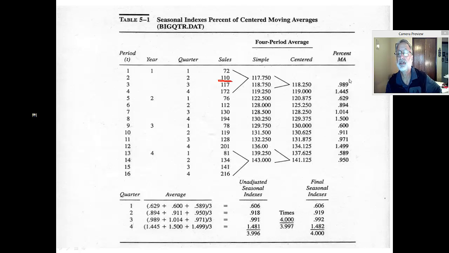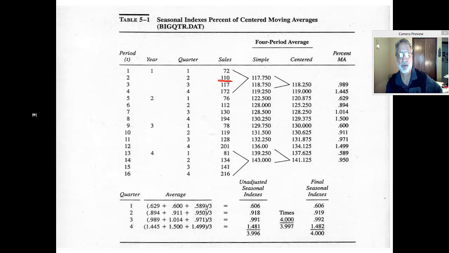All right, so as you can look here, this is the actual first quarter number we came up with, 0.629. So here's the second year, 0.629 for the first quarter. For the third year, 0.600 for the first quarter. And for the fourth year, 0.589 for the first quarter.